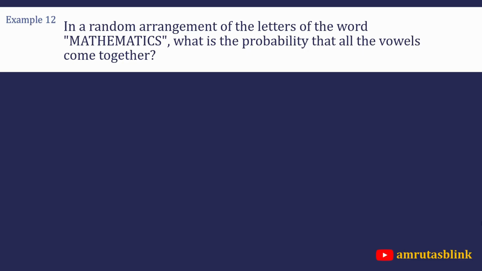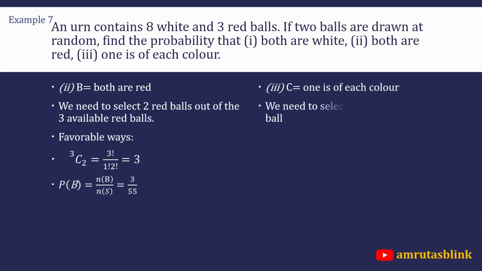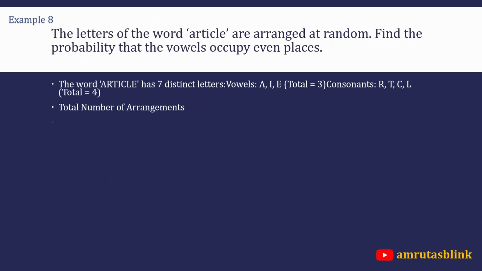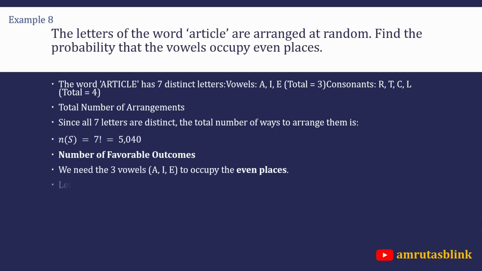Let's look at example number 12. In a random arrangement of the letters of the word mathematics, what is the probability that all the vowels come together? Previous two problems we have seen of letter arrangement in which there was a scenario where no letter in that particular word was repeated.